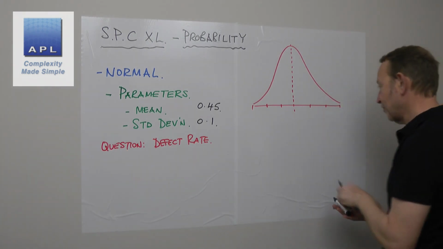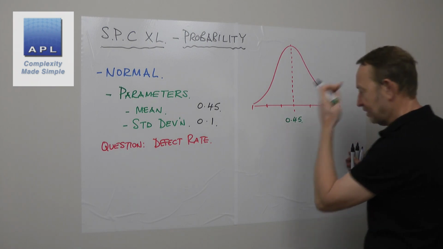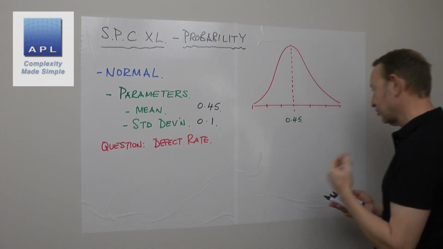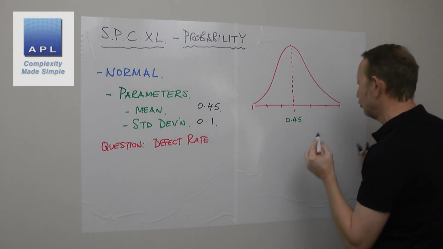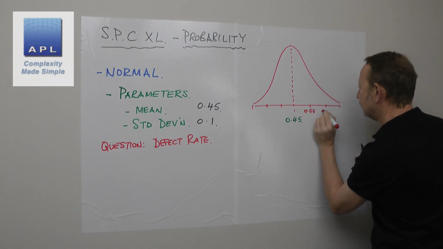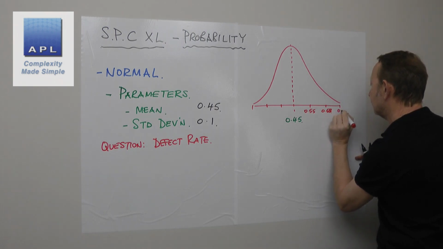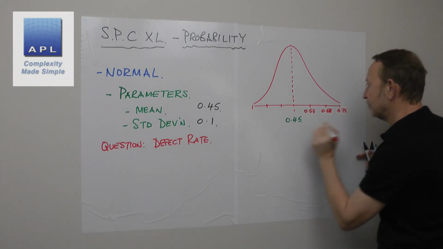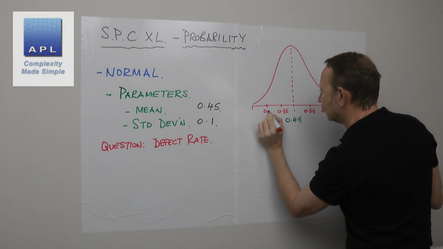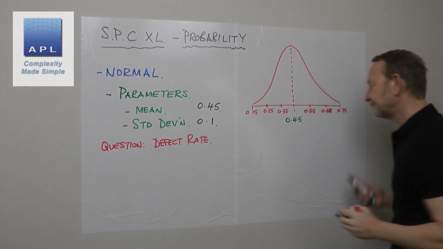Let's put that information on this diagram. So our normal distribution is centered at 0.45, and each one of these units is going to be a standard deviation increase. So we're going to count up 0.55, 0.65, 0.75, and then we can count down the same, 0.35, 0.25, 0.15.